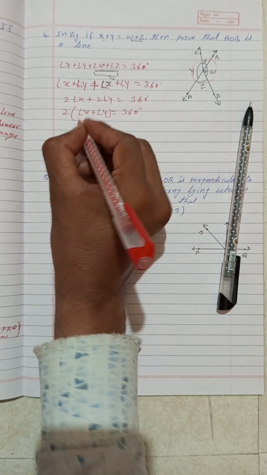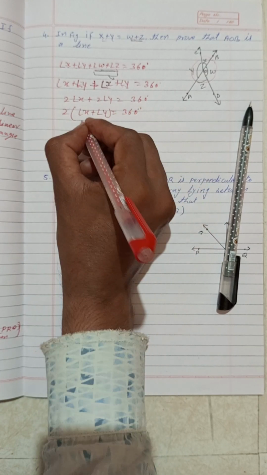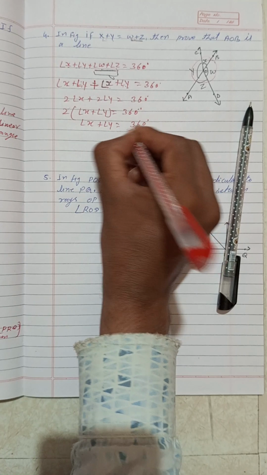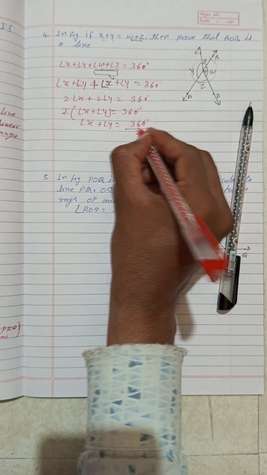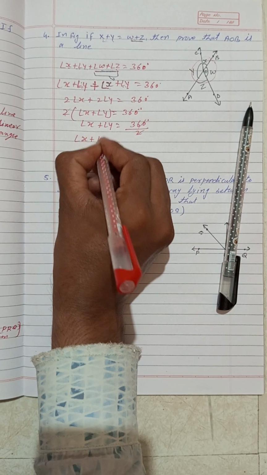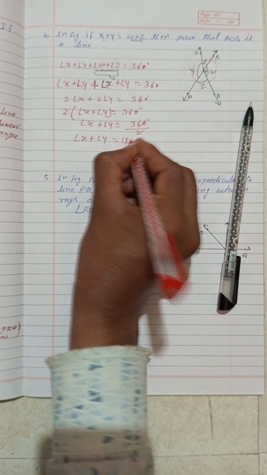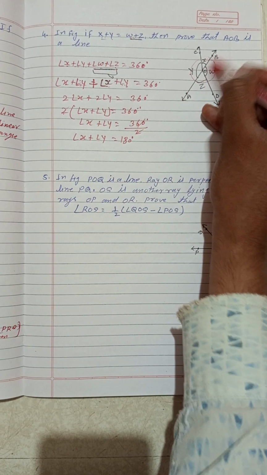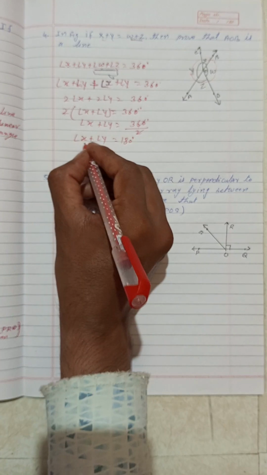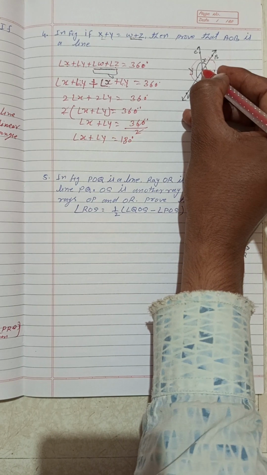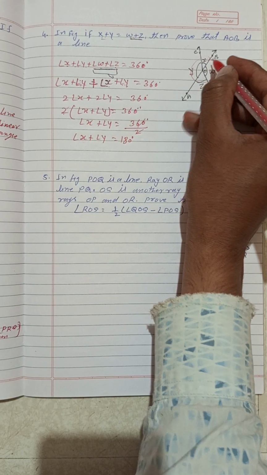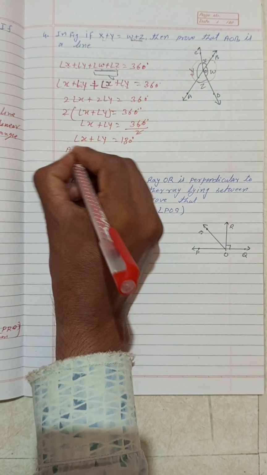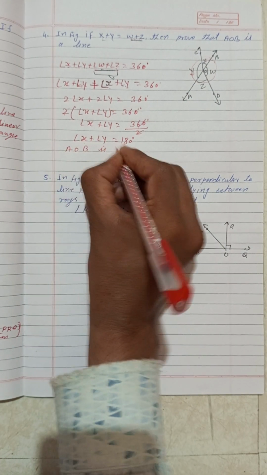Angle x plus angle y is equal to 360 degrees divided by 2, so we get angle x plus angle y is equal to 180 degrees. And 180 degrees means what? It is a line. So since these adjacent angles x and y sum to 180 degrees, AOB is a line.